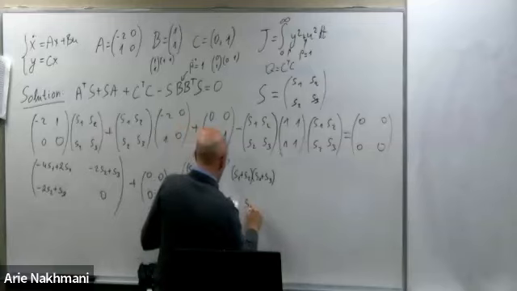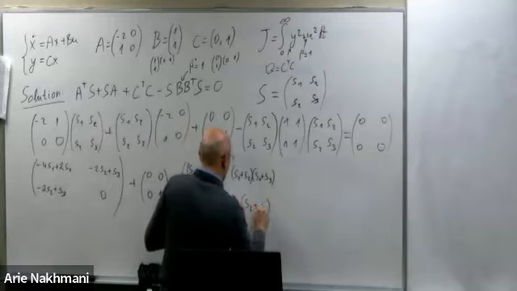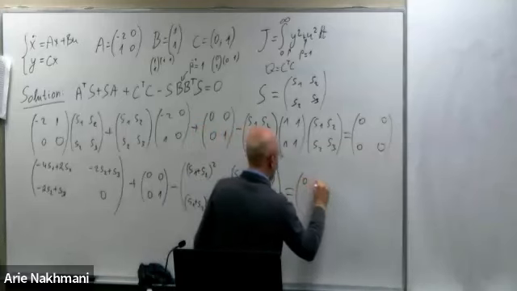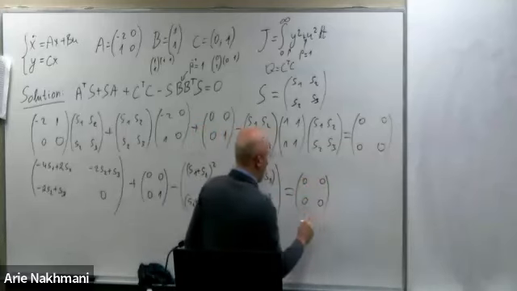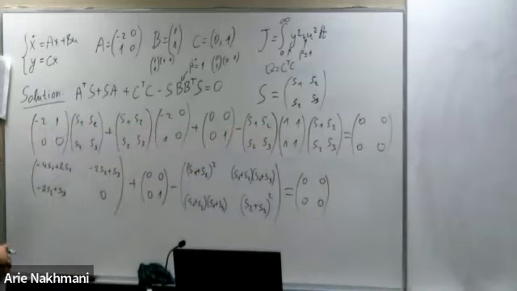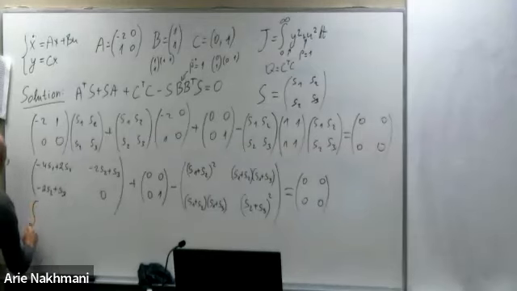And S2 plus S3 squared equals a matrix of zeros, right? And we get a system of 3 equations.